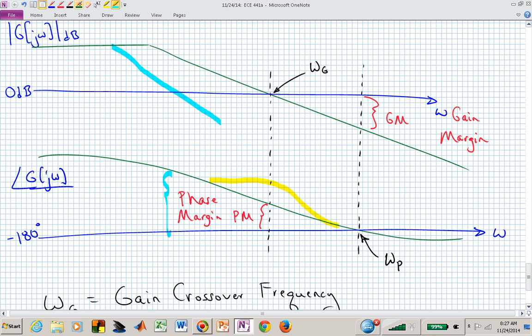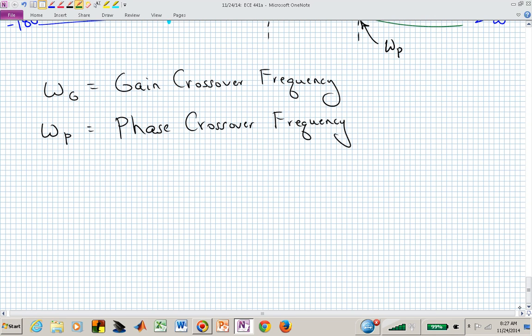And that's the whole point of designing controllers or compensators.